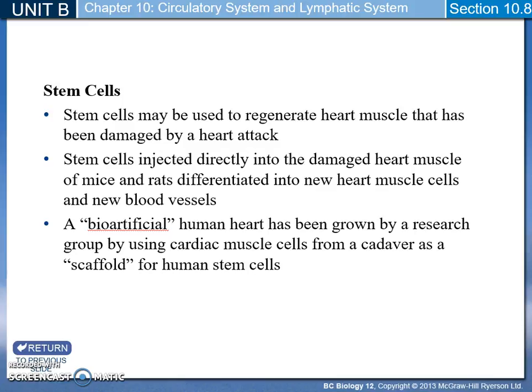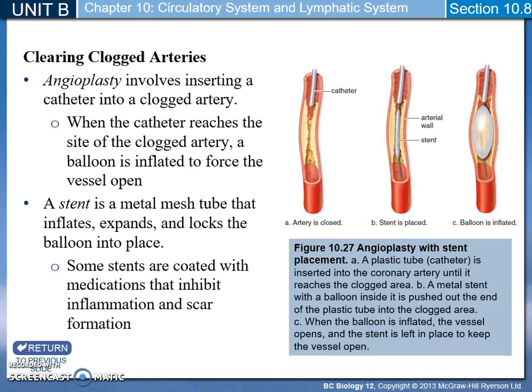So this is quite new and still undergoing some trials. A bioartificial human heart has been grown by a research group using cardiac muscle cells from a cadaver as kind of a scaffold, sort of a framework for a heart. However, I don't believe that it's actually resulted in a functioning heart at this time yet.